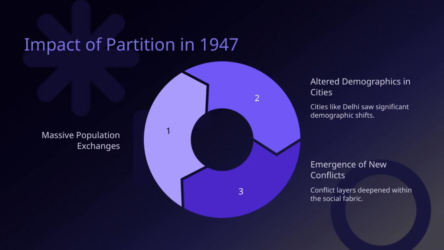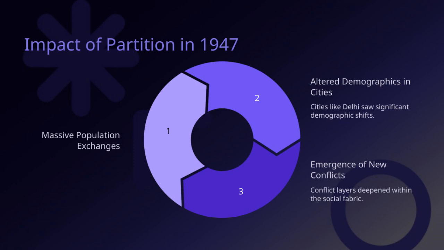At the heart of this, we also see the massive population exchanges that occurred during the partition of 1947. This was a monumental event, millions of people moving across borders, leaving behind their homes and communities. These exchanges didn't just shift populations, they fundamentally changed the social fabric of cities and regions, leaving a lasting impact on inter-community relations.